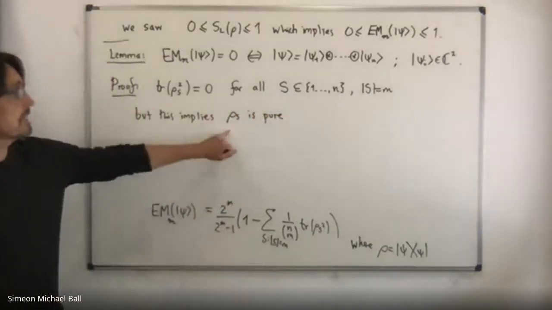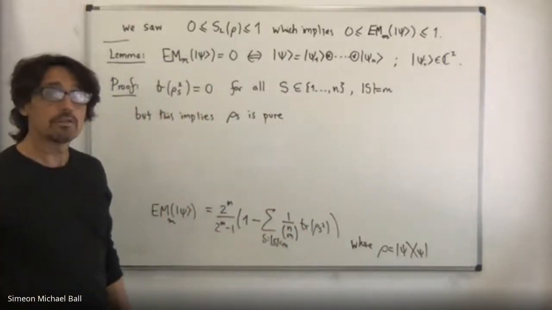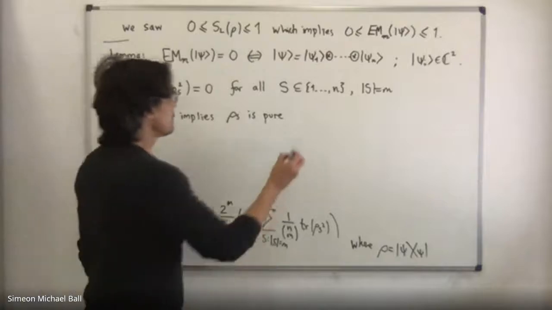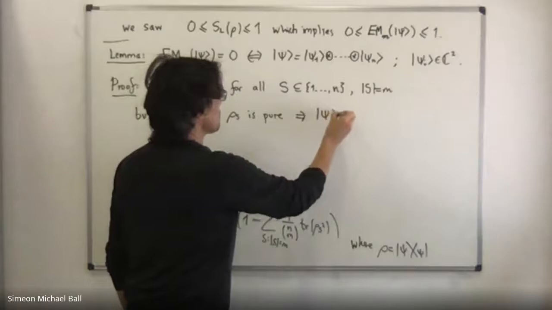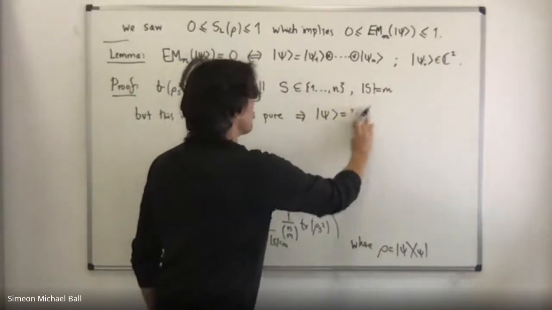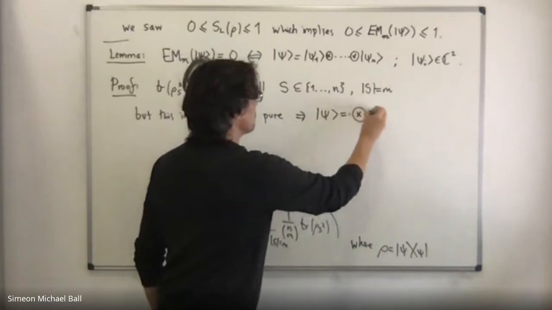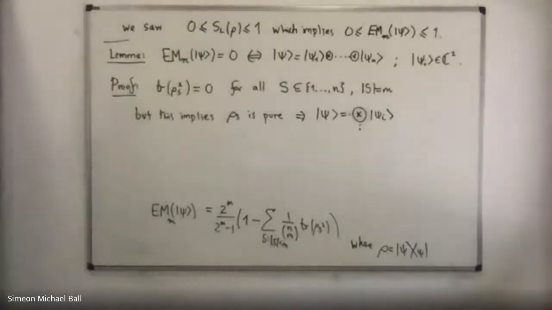And if you've got a pure state on every single reduction down to n systems, then this implies that this psi must be just a tensor product.